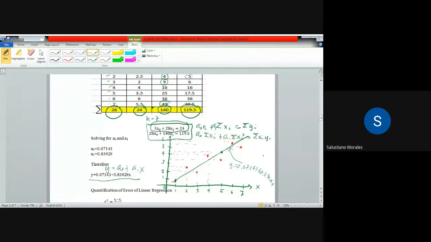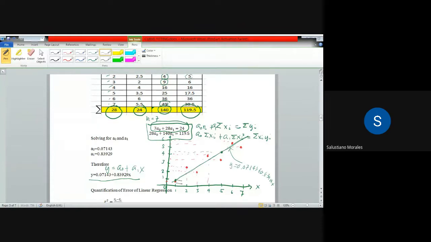And this equation or line is the best fit for these given data points. Siya ang pinakamaliit if you add all the residual squares. So ito ang pinakamaliit. Kasi kung tingnan natin dito, ipakita ko lang yung mga residuals natin.